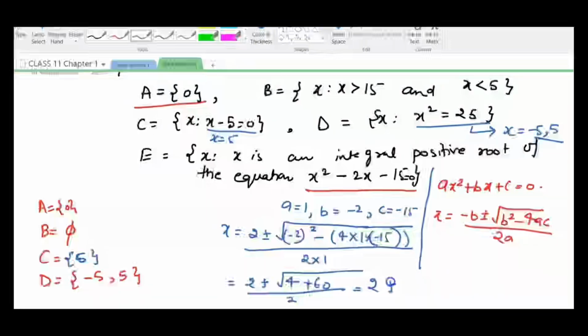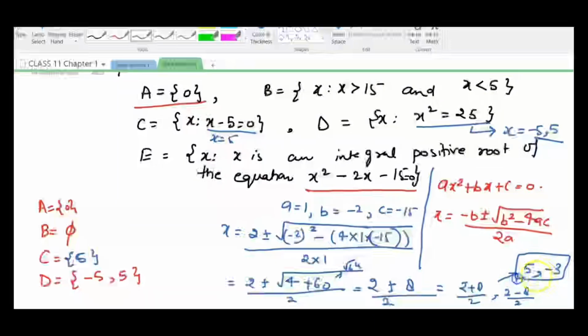So this will be 2 plus minus 8 divided by 2. So we will get 2 plus 8 by 2 and 2 minus 8 by 2. Right? So we get 5 and minus 3, two values.